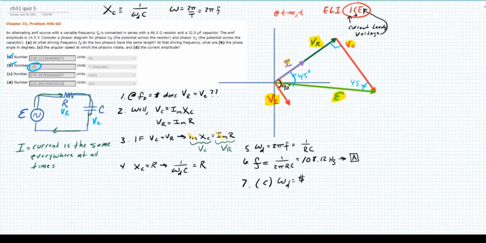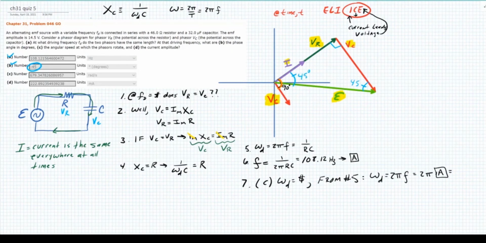And the good news is it's in number 5. So from step number 5 here on my screen, we have omega D equals 2 pi times f equals 2 pi times whatever I have sitting there in memory location A.